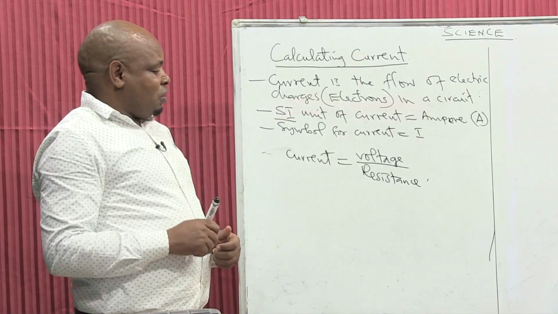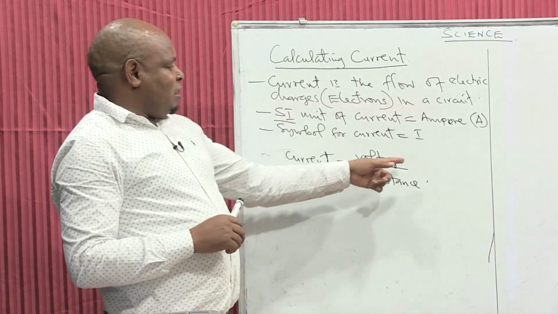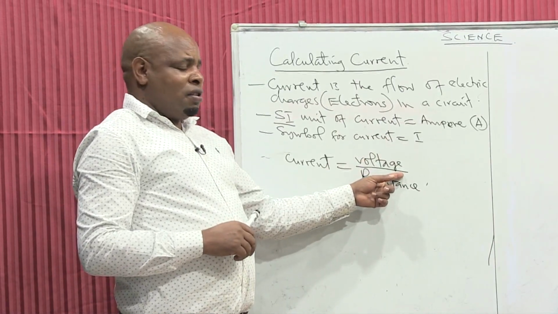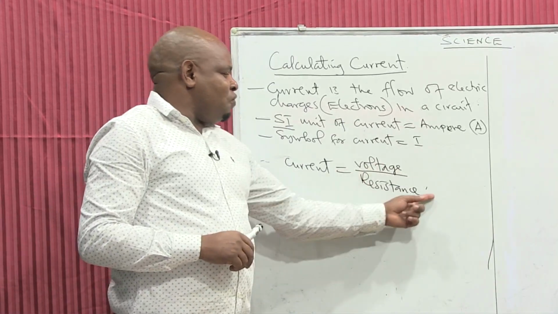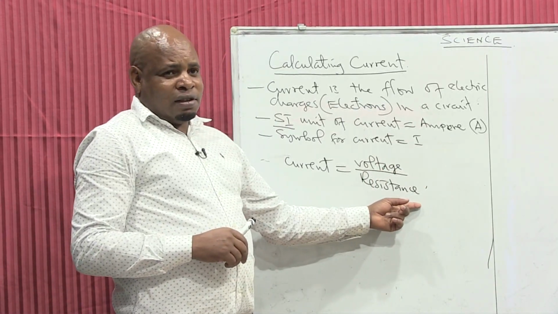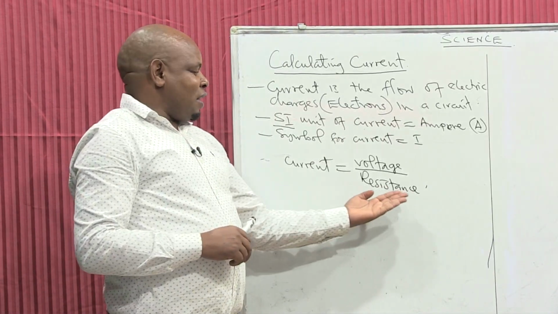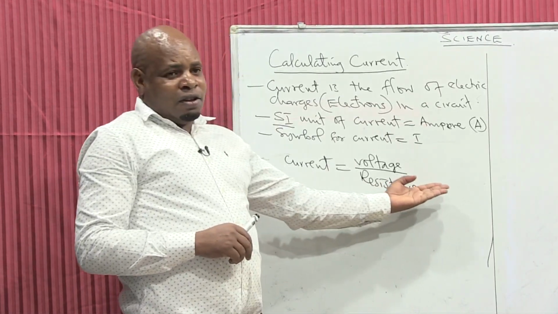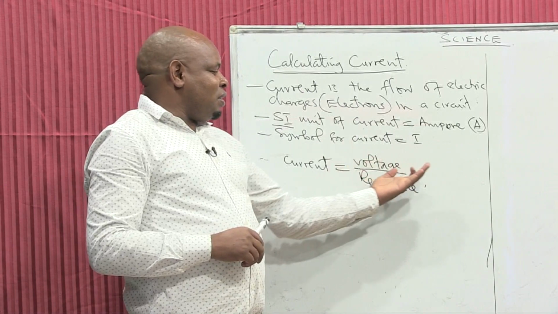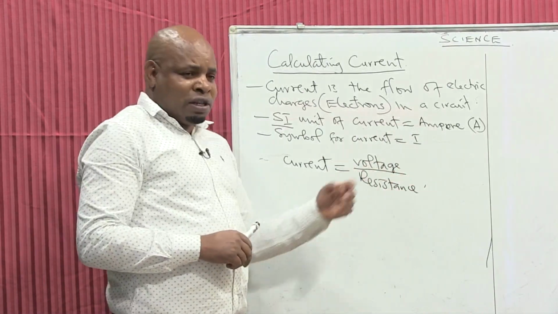In a circuit or in a given equation, you might be given the value of the voltage and the value of the resistance. The resistance here can be in series, in parallel, or combined.